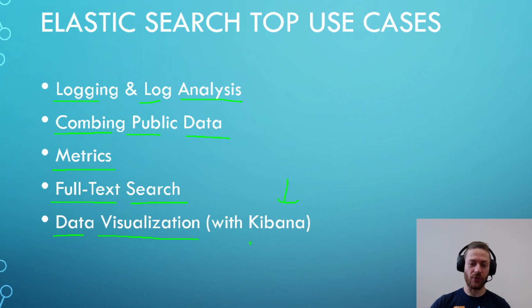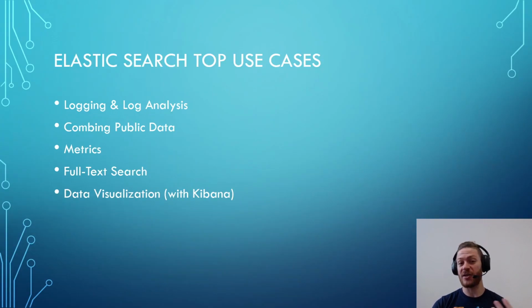I'm going to show you Kibana for a bit. It's a tool which allows us to visualize the data in the Elasticsearch database. So you can use Kibana for visualization because it has a lot of good and very advanced metrics, data charts, and so on. So you may find it suitable for that.